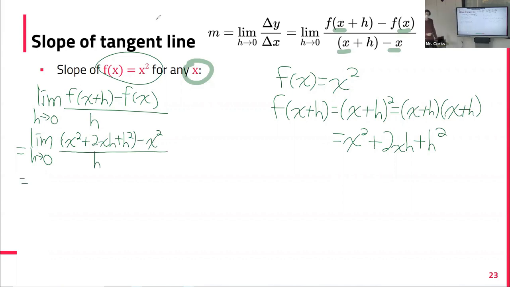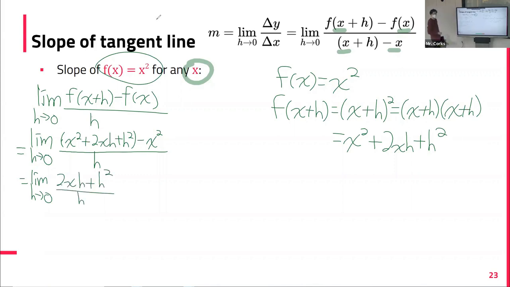And we'll try to simplify. The way that we simplified is going to be very similar to what we did for the previous example. What's the first thing? Okay, so the x squareds will cancel each other out. So 2xh plus h squared over h.